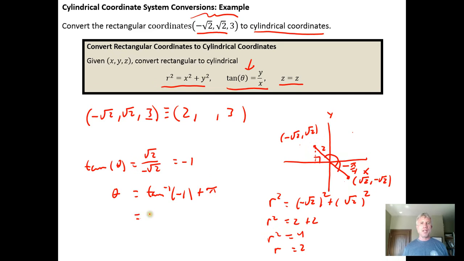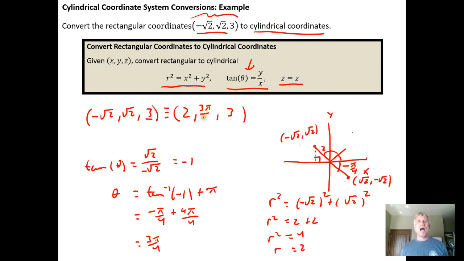So the calculator would give me negative pi over 4, and then I would need to add pi radians to that, which is the same as adding 4 pi over 4, which is the angle 3 pi over 4. Because I have a special angle, I probably could have recognized that here's 45 degrees, 45 degrees, 45 degrees or pi over 4 radians 3 times. I have 3 pi over 4.